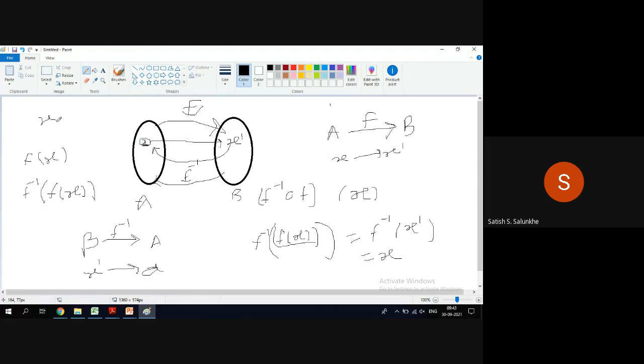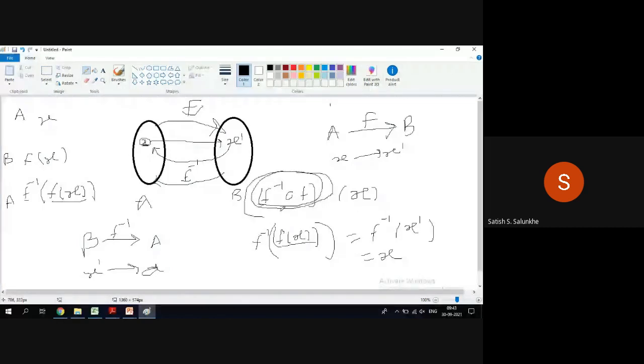So we started the journey from the domain, that is set A. With f of x, we went to set B because f is a function from A to B. Now there is a function f inverse which is from set B to set A. So f of x is an element belonging to the codomain, just something x dash. So f inverse of f of x is again back to an element belonging to the domain, that is x.